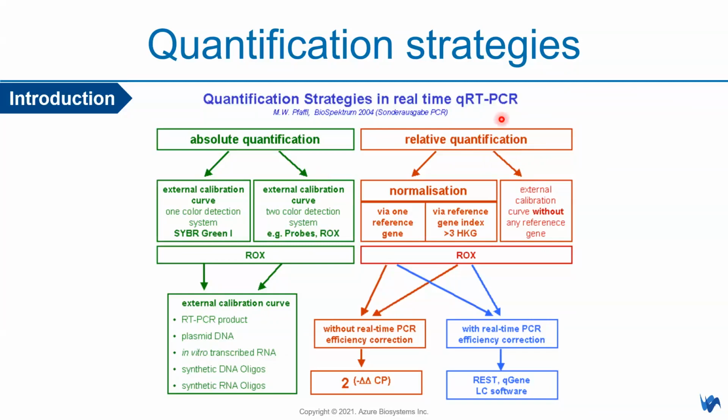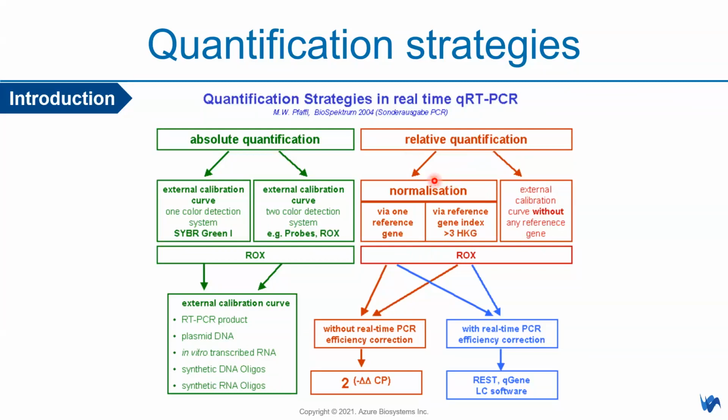In relative quantification, you will need to do normalization either by using one reference gene or what we call as housekeeping gene, or more than one, or maybe up to 3, depending on your expression level. And also, if you need to do, you also have the option to do a standard curve in the relative quantification. This method is what we're going to discuss later, which is called relative standard curve quantification.